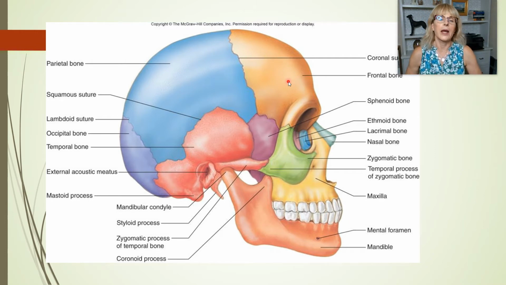Now the temporal bone. The temporal bone, we ask you to know quite a bit of detail about it because it just happens to be a very important bone. All of the fancy equipment that allows you to experience hearing is found in the temporal bone. And so there are different parts of that bone that you need to know. By the way, aside from these lectures that I'm doing, I have specific lectures just about these particular topics that I showed you where to find them for the appendicular skeleton.